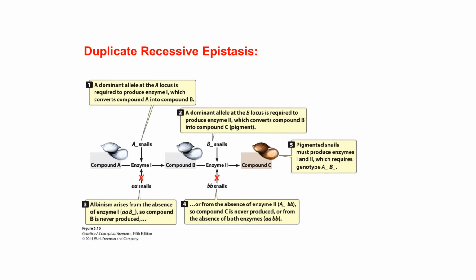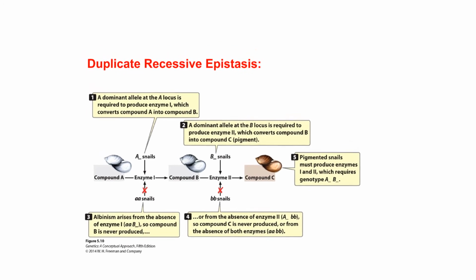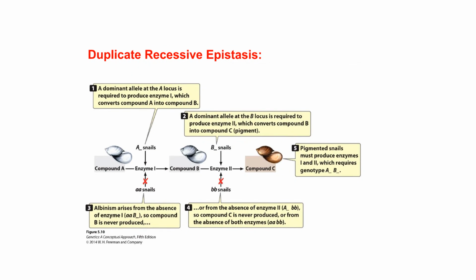In order to get color, a dominant allele A is required in gene A, which controls synthesis of enzyme 1. Enzyme 1 converts compound H to compound B, which is an intermediate and substrate for enzyme 2. However, compound B does not produce any pigment, so the snail is still colorless.